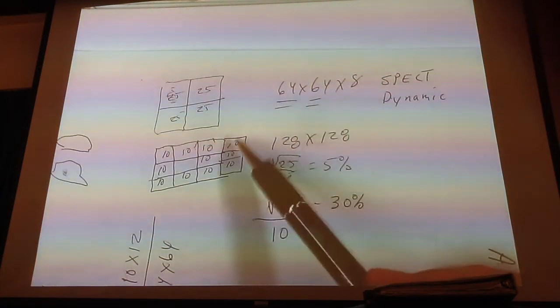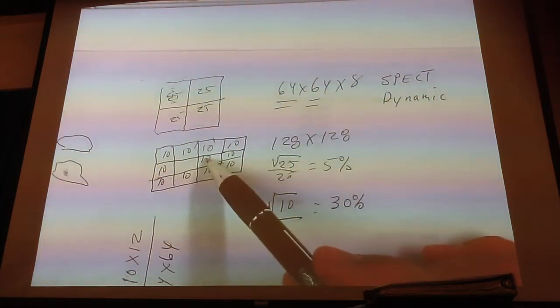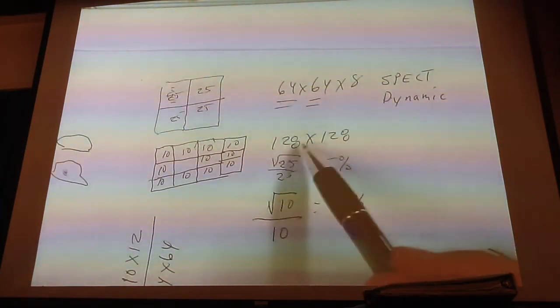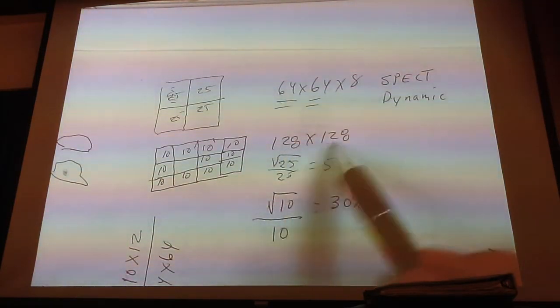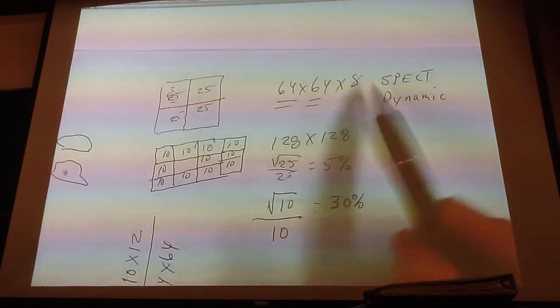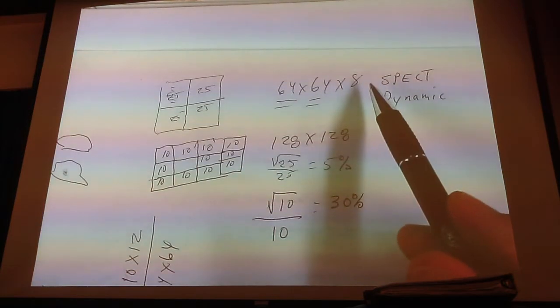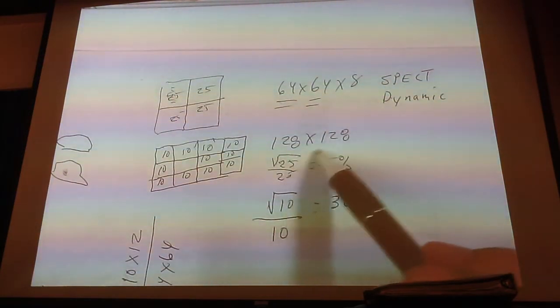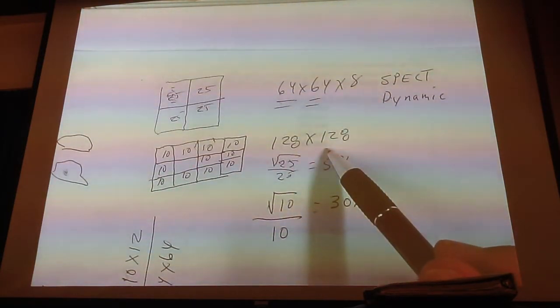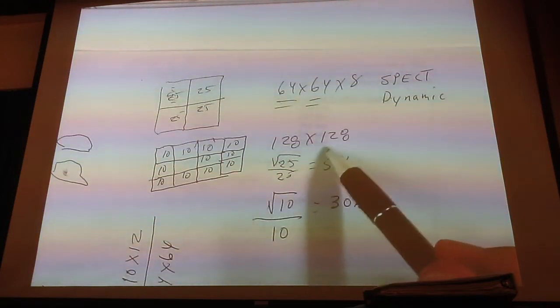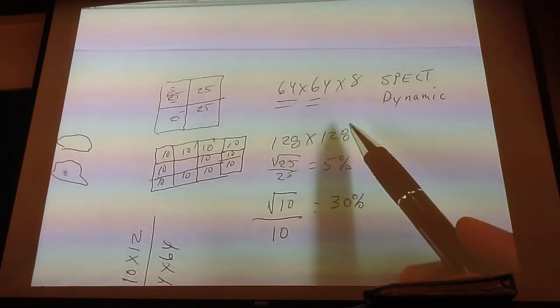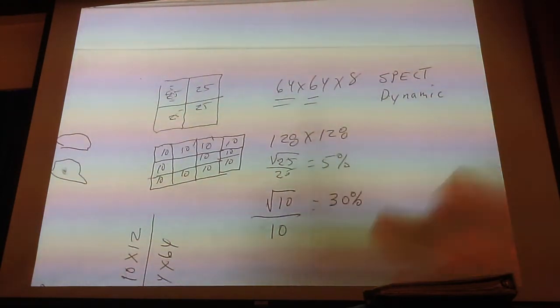If I'm looking for resolution and I have a lot of counts, then I can use these larger matrices. Does that make sense? So that's why, whenever we do a SPECT study, it's very rare that we use 128 by 128. If you're doing a SPECT of a liver or something and there's a lot of stuff in there, then you can get away with it.